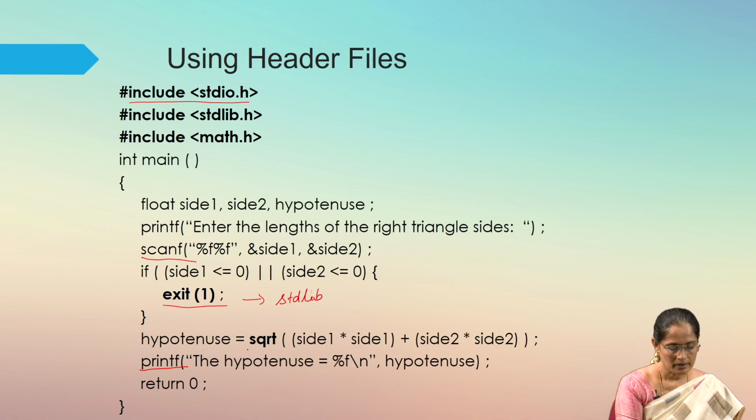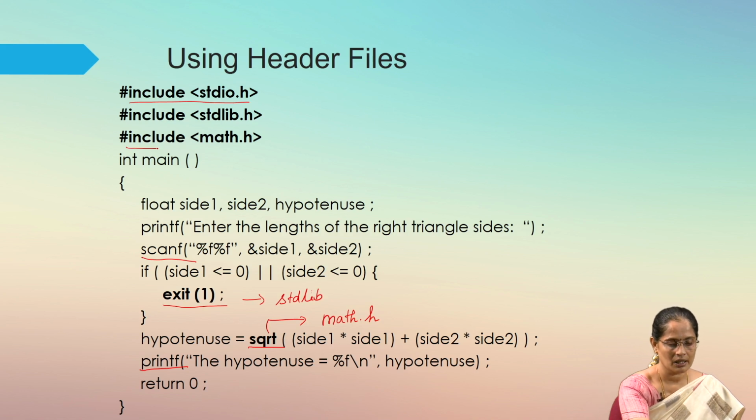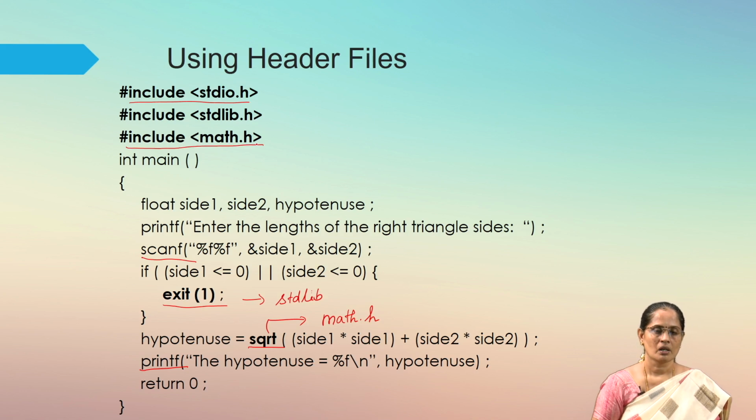One of them is sqrt, meant for calculating the square root of a given number. So, math.h is a header file dealing with all mathematical operations. When I want to find the square root of a given value, I have to include the header file math.h.